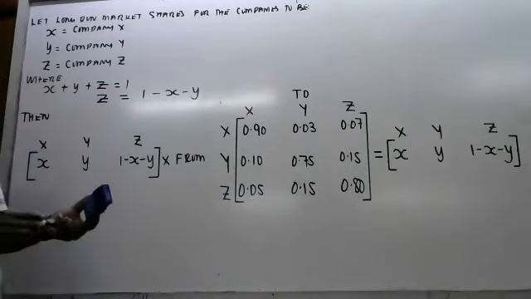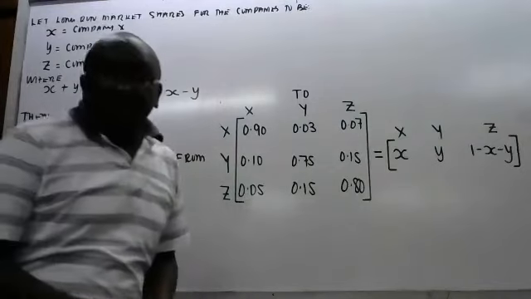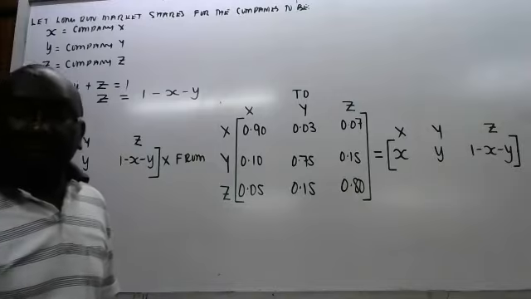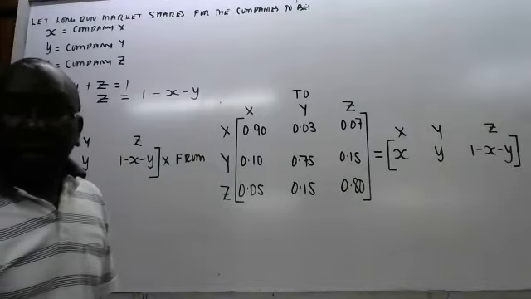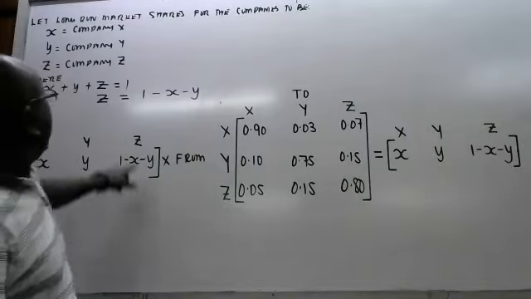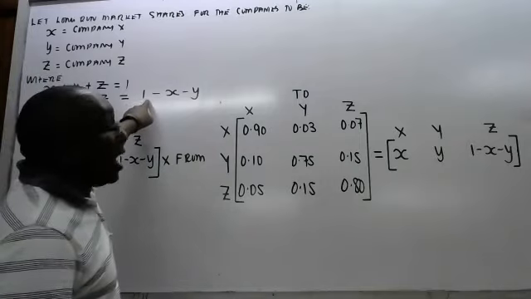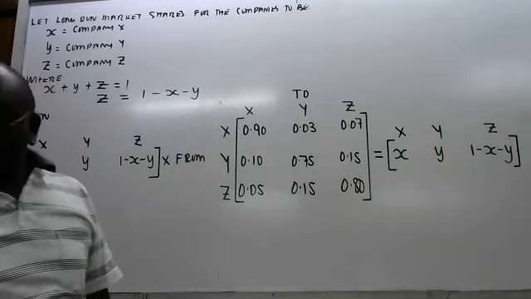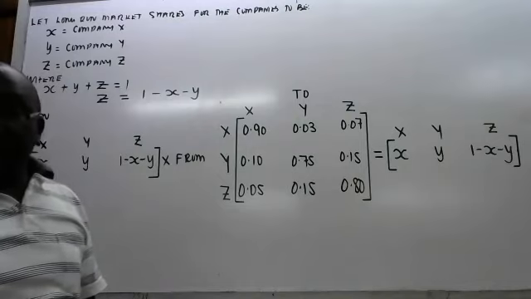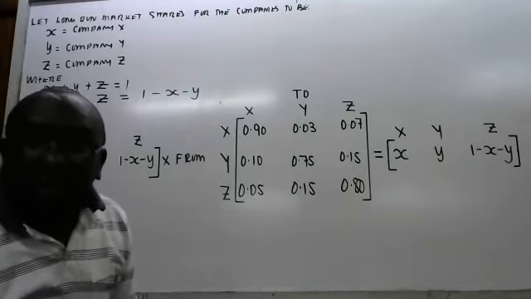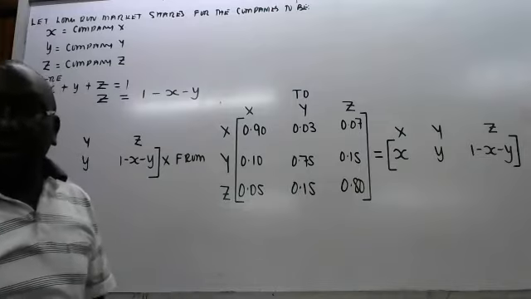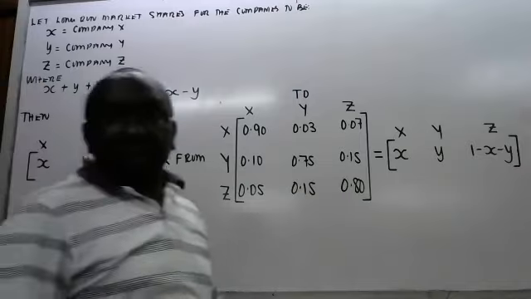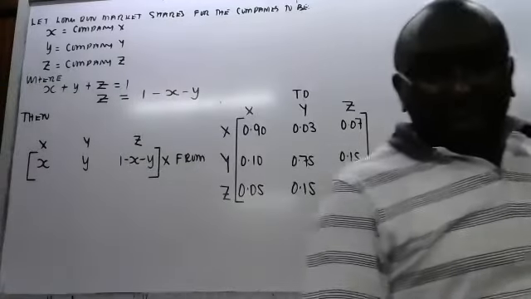Then there, Z, I'm saying, is 1 minus X minus Y, Jacob, not 1 minus X plus Y. Although it's the same thing, when you open the brackets, it goes back to what you're saying.